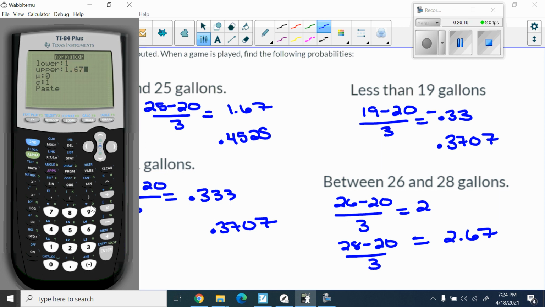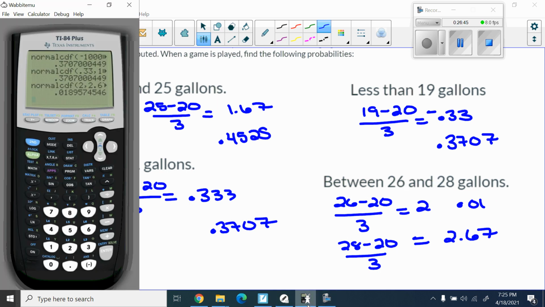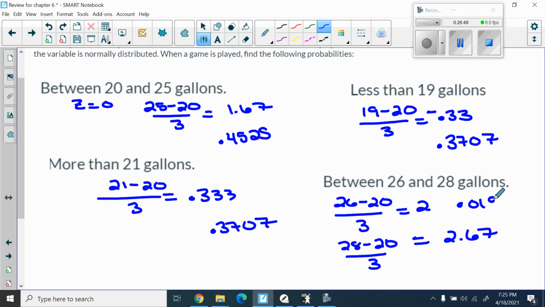Not 1.67, sorry, 2, and then 2.67. And then I enter those in there, and I get 0.0189. So that would be 0.0190, because we got to round up.